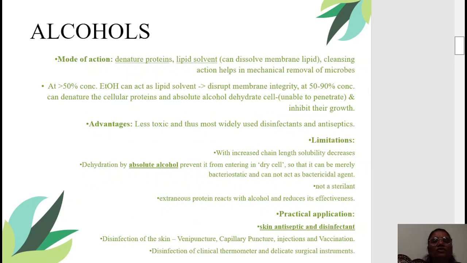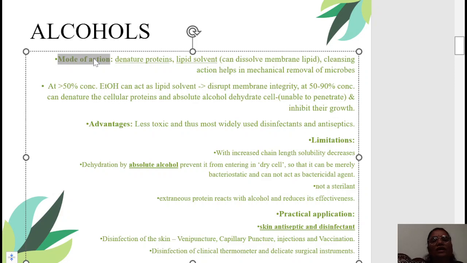Now, if we talk about the mode of action, alcohols are reported to be able to denature proteins. They are protein denaturants. At the same time, they act as a lipid solvent. That means they can denature proteins playing a structural role or an enzymatic role.